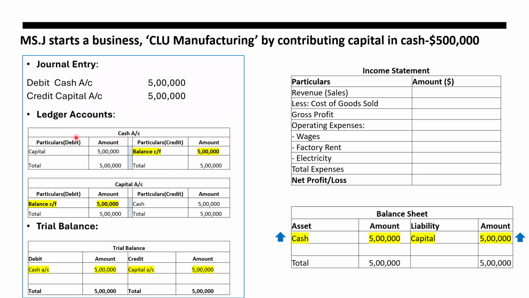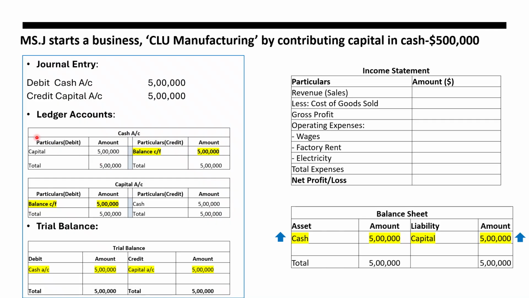Any ledger account will have left side as a debit side, right side as a credit side. So whatever entry happens in the ledger account is flowing from the journal entry. So here what has happened? You have debited cash, right? So you will make an entry on the debit side of the ledger account, 5 lakhs.